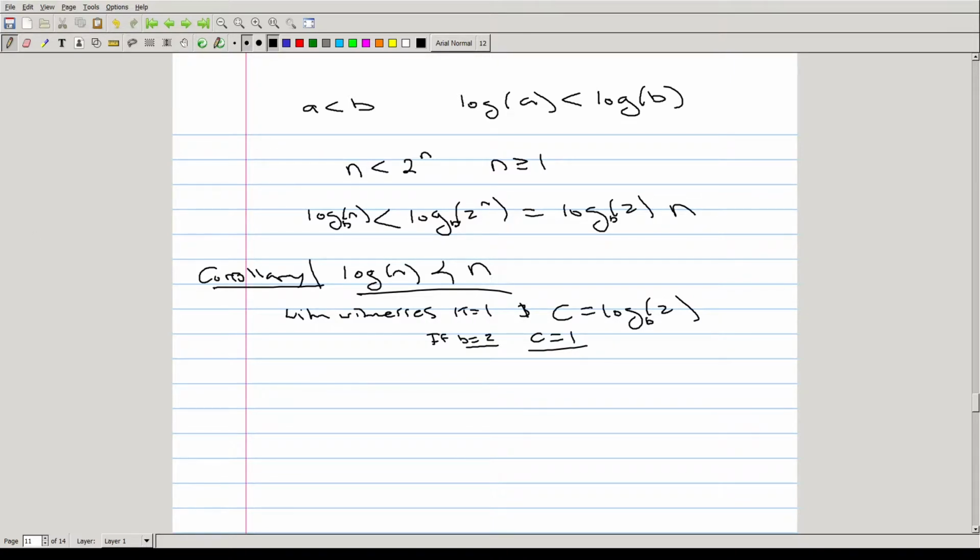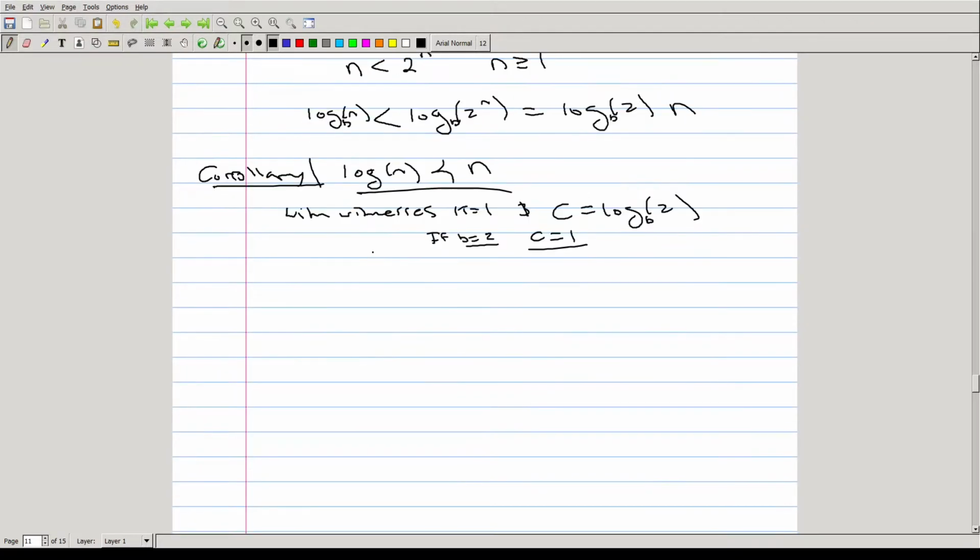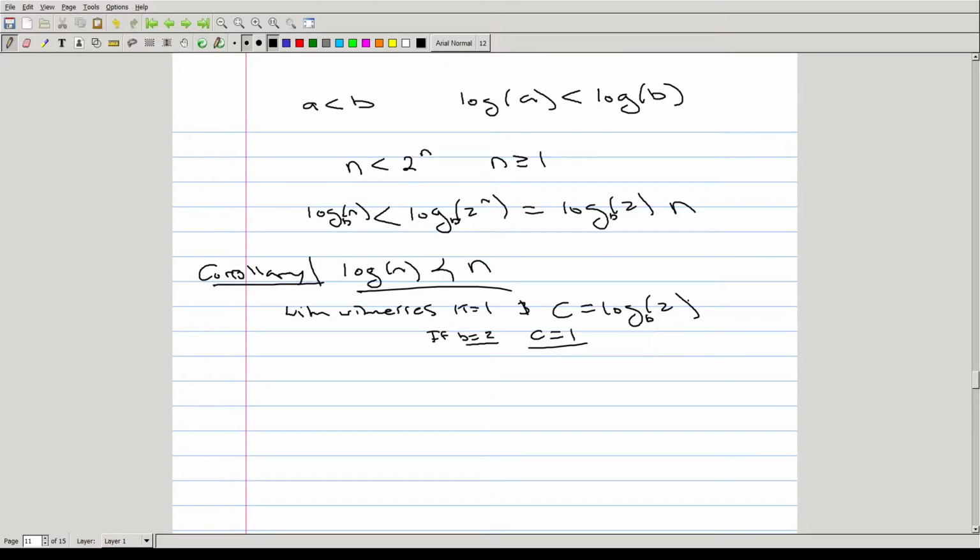However, we're going to see that different bases for expressions of numbers are going to be really important in computer science. So the idea here is that we always want to think of how to deal with different bases, and this also allows you to deal with, say, the functions 3 to the n, 5 to the n, e to the n, and actually show some of these properties for those functions as well.